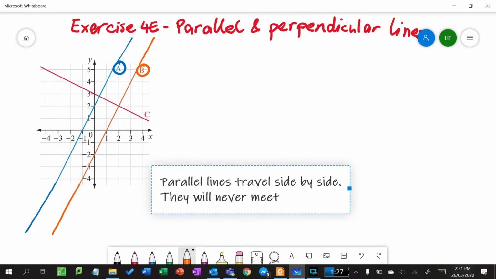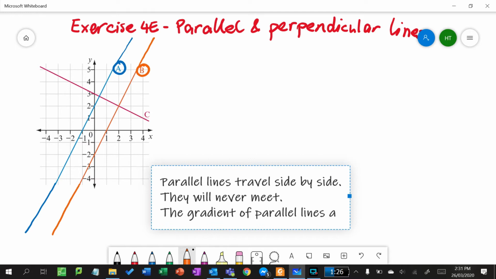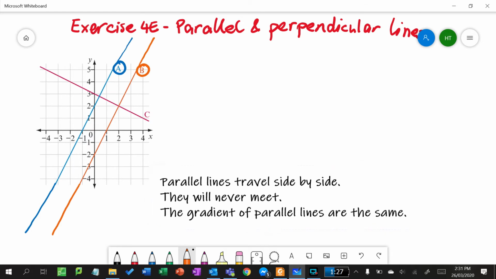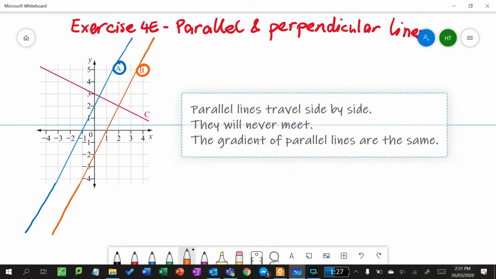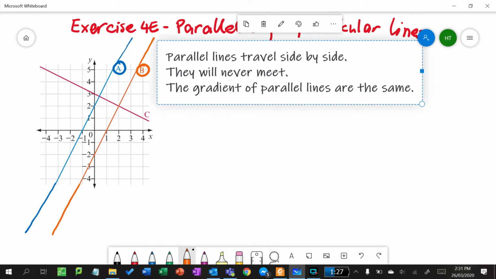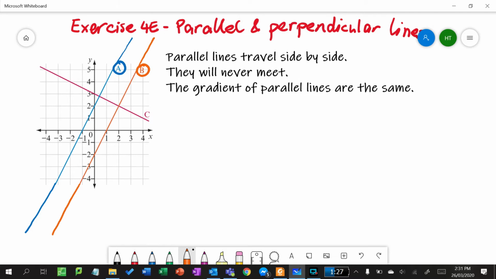And I'll put a very important statement here: the gradient of parallel lines are the same. This is the very important part. The gradient of parallel lines are the same.